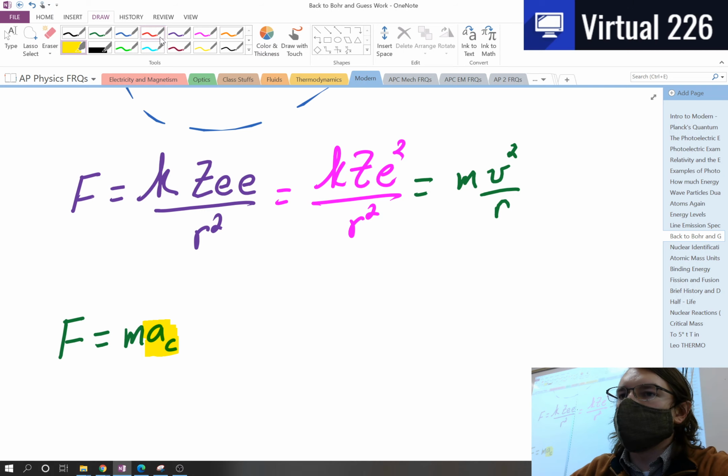Well, what does this do for us? Let's now solve this for r. What is the radius at some position? We're going to drop an r out, multiply by an r, divide by an m v squared.